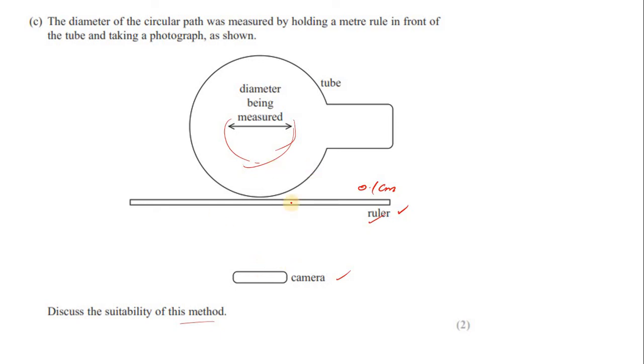So if we take a picture and we need to find the diameter, clearly you can see that we can have a parallax error.